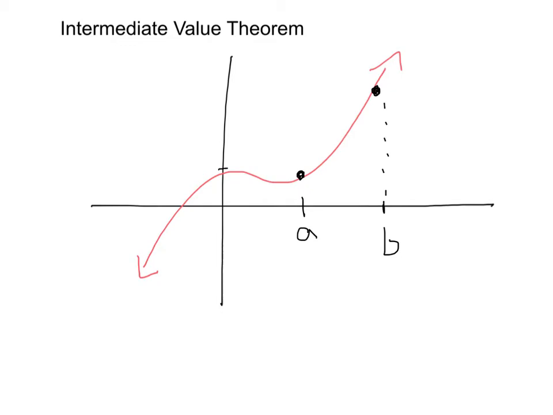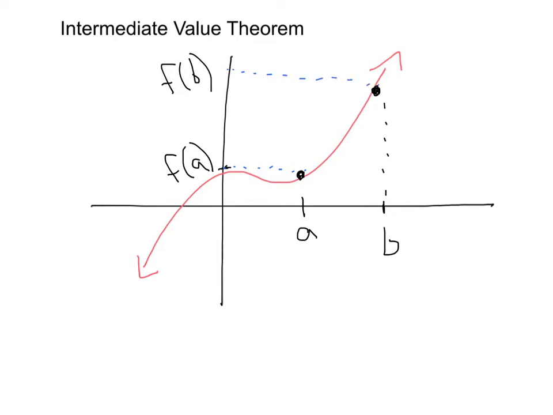And you have your y value that goes with that. That's f of a. Now f of a is just the y value that corresponds with point A. And you've got f of b. That's your y value that corresponds with b.